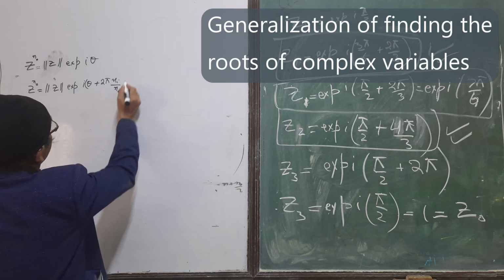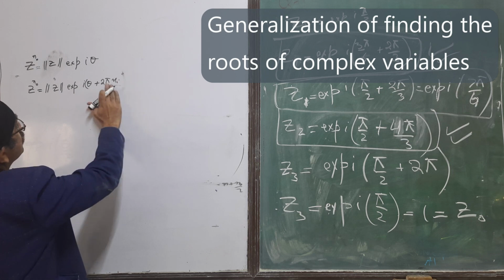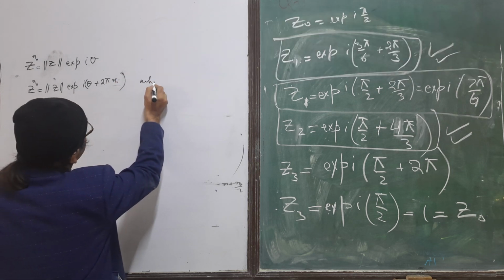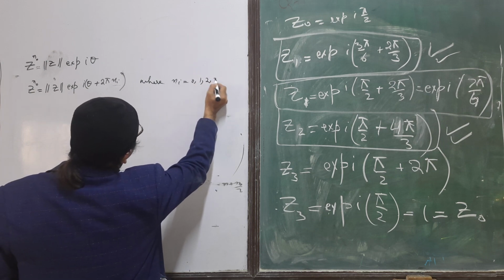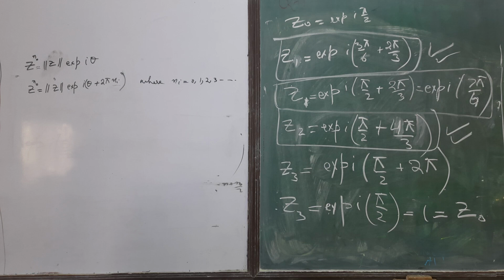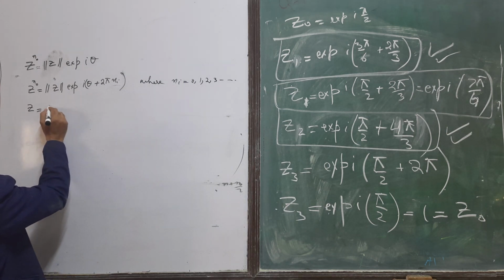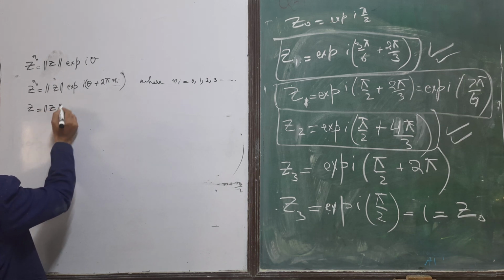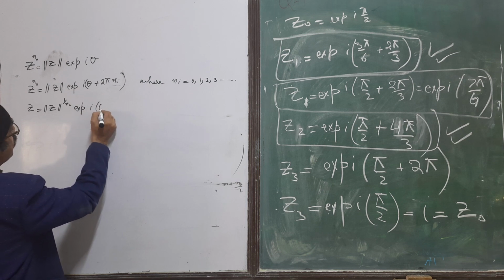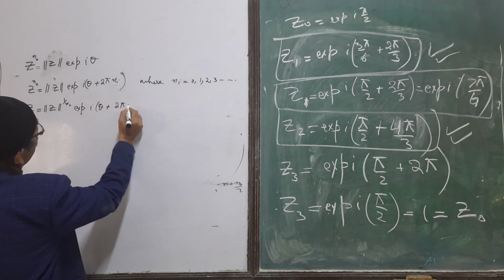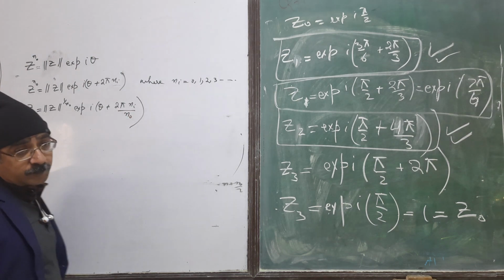You may write this equal to this, where ni is equal to 0, 1, 2, 3 up till whatever infinity. Okay. So Z will be equal to 1 by n naught exponential of iota theta plus 2 pi ni over n naught.